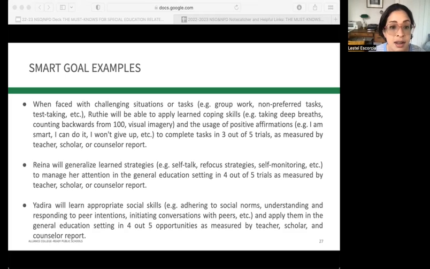And then in the next slide, we're going to discuss how each of these examples of annual goals also has 2 incremental goals.